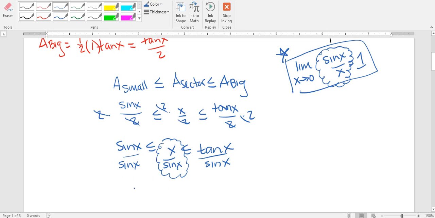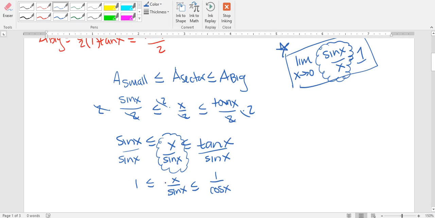So simplifying from here, we'll have 1 is less than or equal to x over sine x. Then using a little trig identities, or simplification, tangent of x over sine x can be rewritten as 1 over cosine x. So now we're getting somewhere, but notice how this does not match our function exactly.